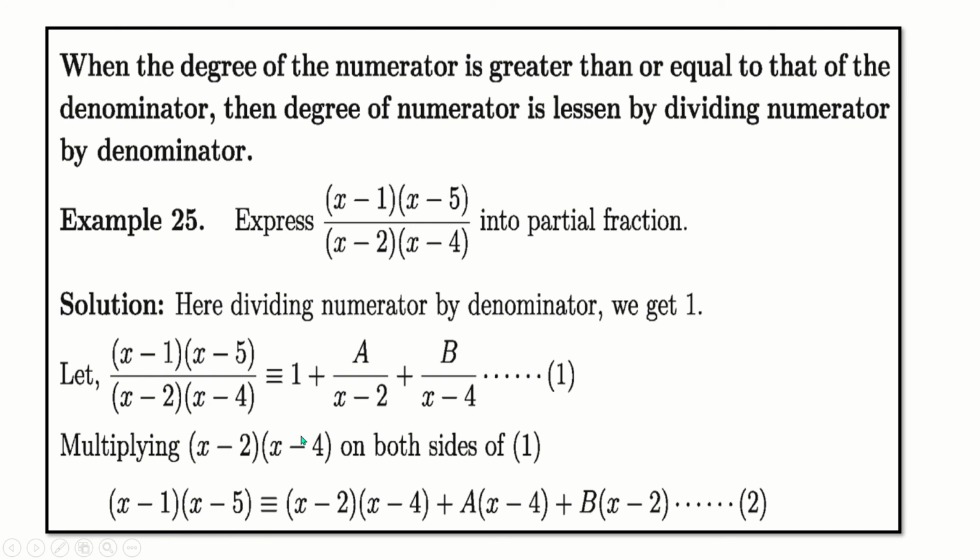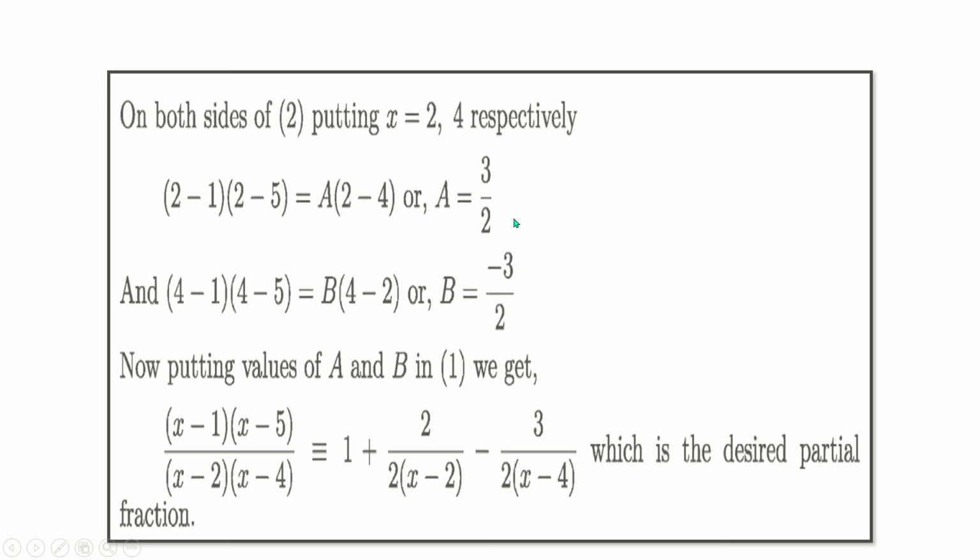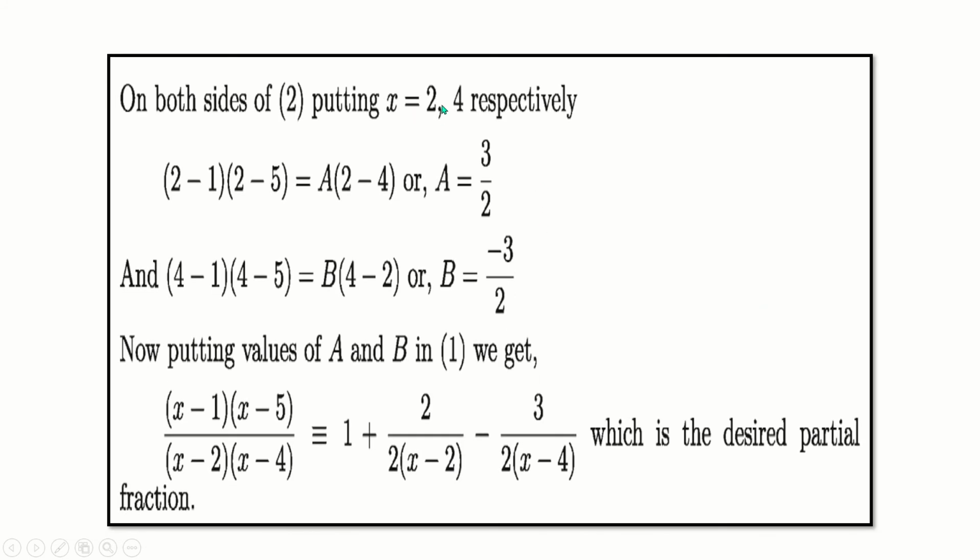Left side will be this, right side will be a into x minus 4 plus b into x minus 2. Now calculate, putting x is equal to 2, 4 respectively, we'll get a is equal to 3 by 2 and b is equal to minus 3 by 2 and the partial fraction will be 1 plus 3 divided by 2 into x minus 2 minus 3 divided by 2 into x minus 4. Clear everyone?